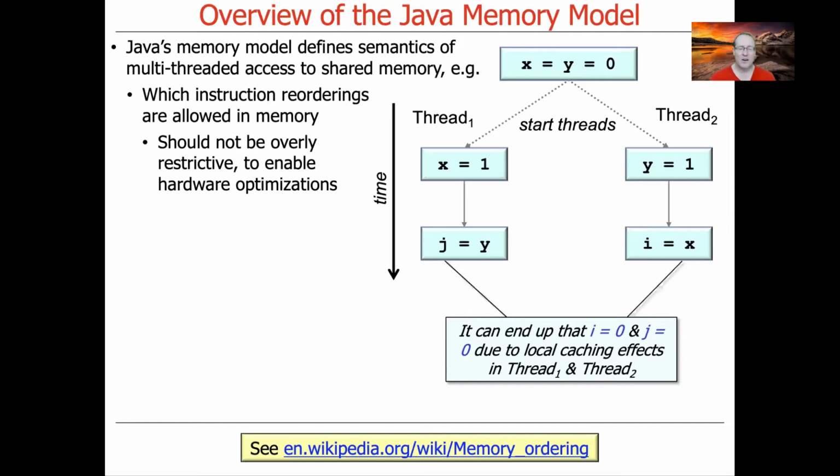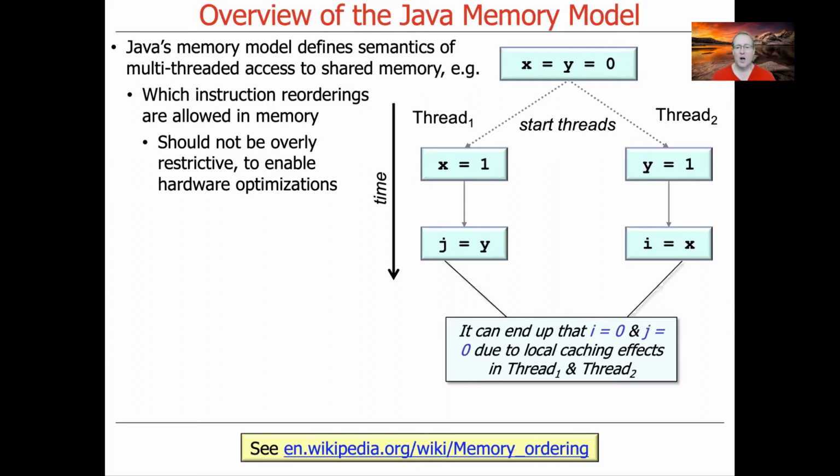Thread 1 says x = 1, and thread 2 says y = 1. And let's, again, assume that they do that at the same time. And then thread 1 says j = y, and thread 2 says i = x. And let's assume, for the sake of argument, that j and i are local variables, local to the thread that they're being called in.